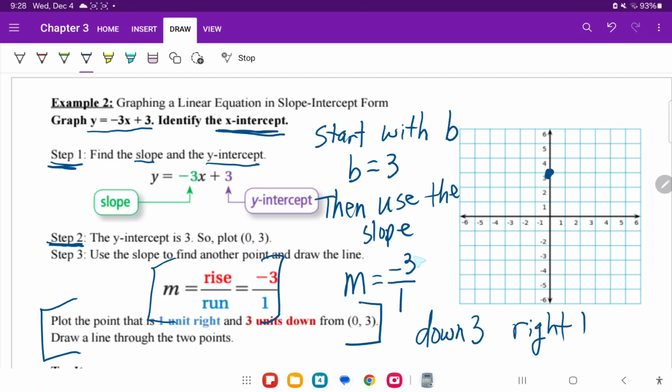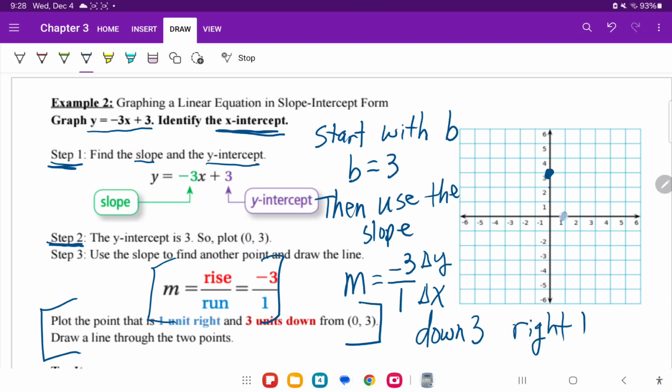Because this is your change in y, and this is your change in x. So we start right here at b, the point we just did, and we go down 1, 2, 3, and then right 1.